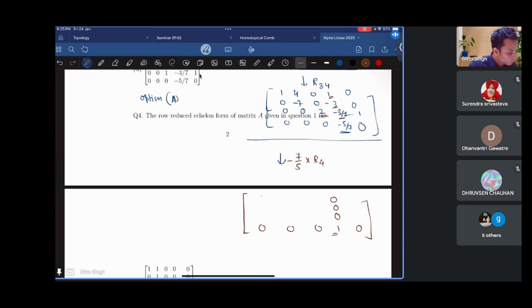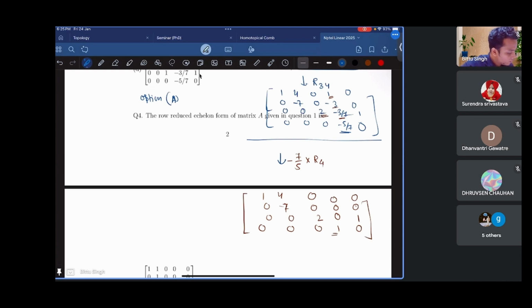So it will become 1 4 0 0 0, 0 -7 0 0 0, and 0 0 2 -3/7 is 0 and 1 remains 1. So how do we get such a thing where we are adding and subtracting?